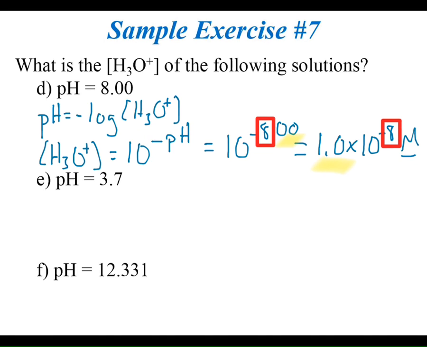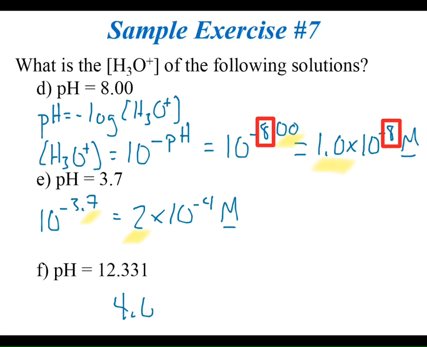Okay, try the next one. If the pH is 3.7, what's the hydronium concentration? 4 point what? 6.7 times 10 to the negative 13th. Oops. Yeah, that sounds right. Again, 3 decimals, so 3 sig figs in front.